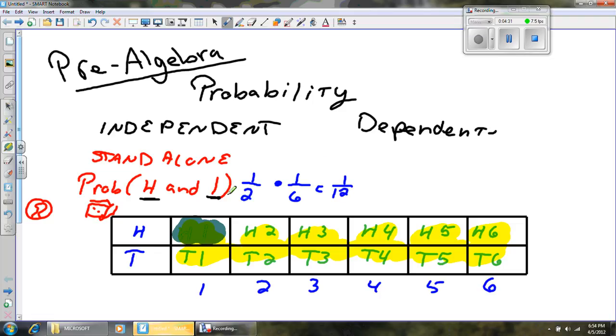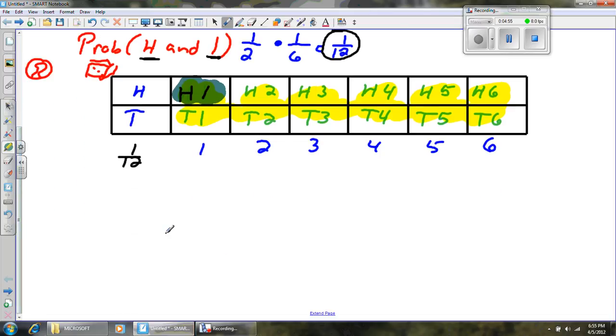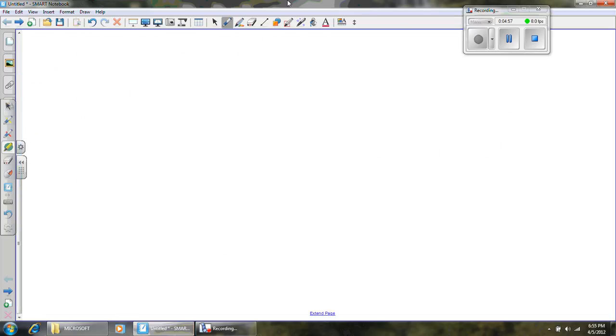But you can tell that they used to say heads and 1. So let me rewrite that. There is one success out of 12 possible outcomes, and that's what I get when I multiplied. All right, so those are independent events.